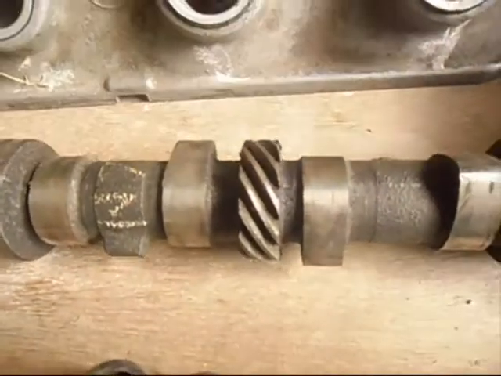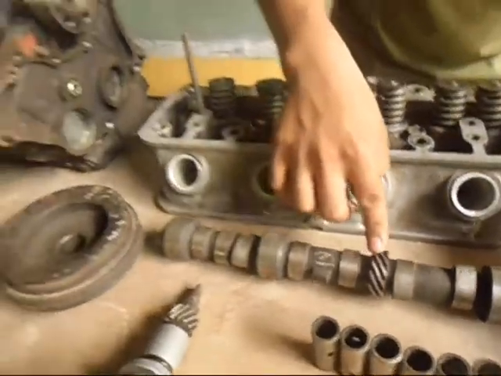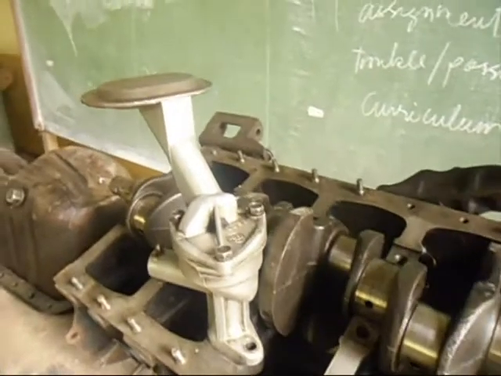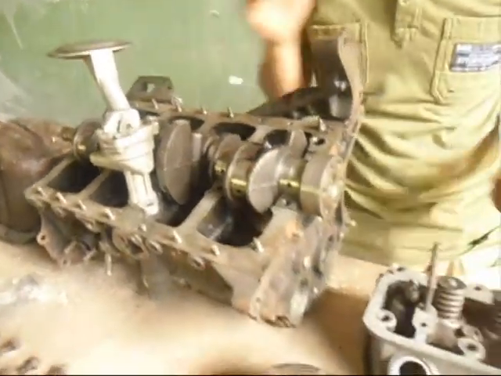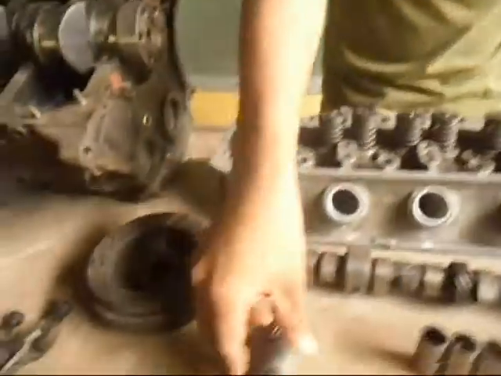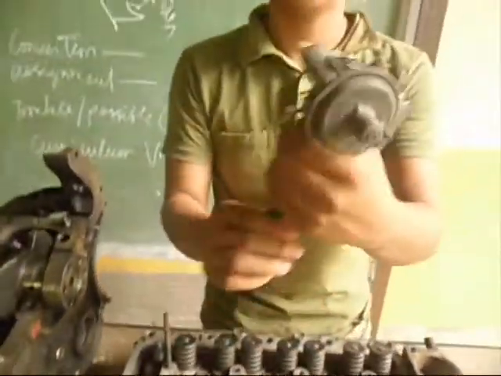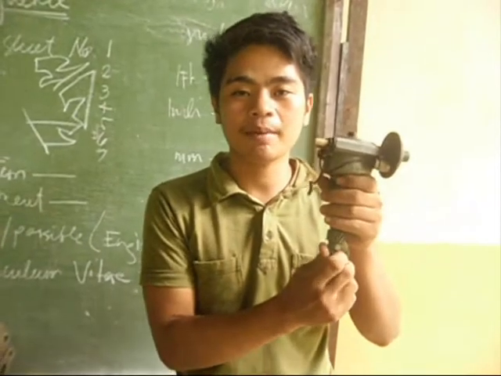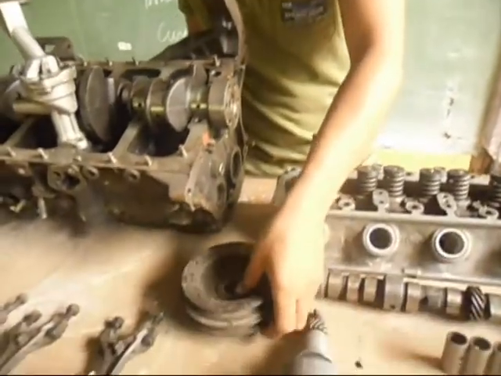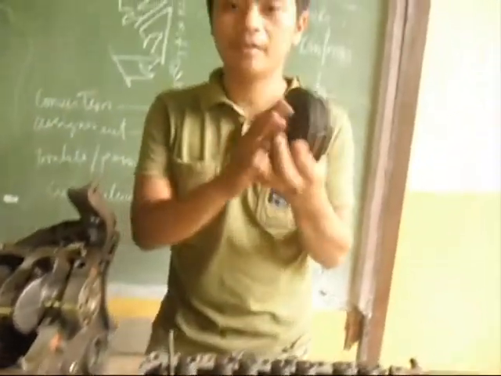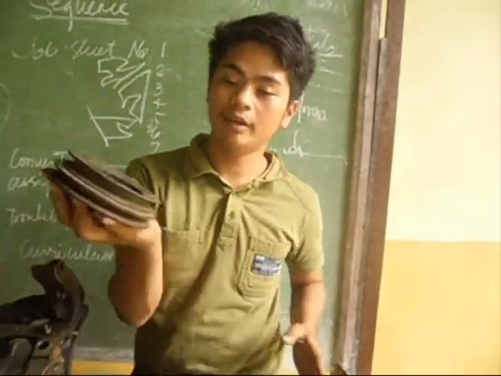This gear is driven by the oil strainer. This is the conventional type of distributor, and this is what we call the pulley.